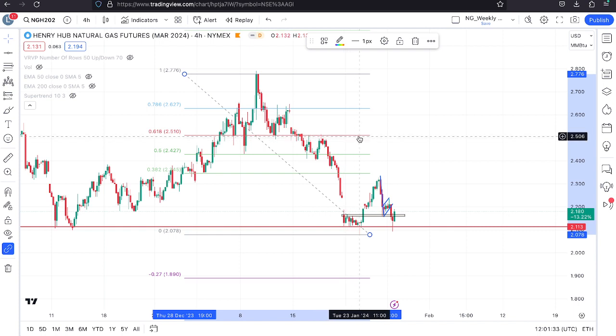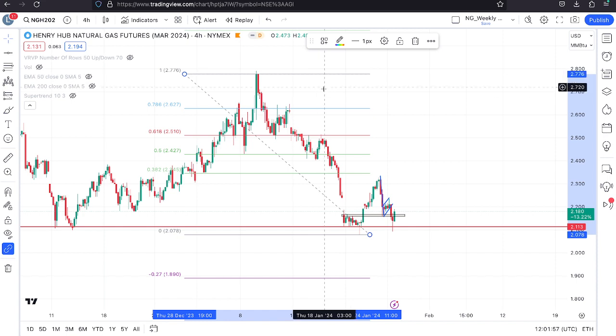The first resistance is roughly around 2.35ish. The next one we can have roughly around 2.42, and then we have the PRZ at 2.51ish. So this is where the bulls will need to take control to take the price still higher.